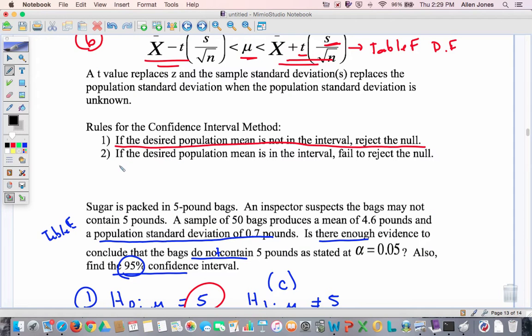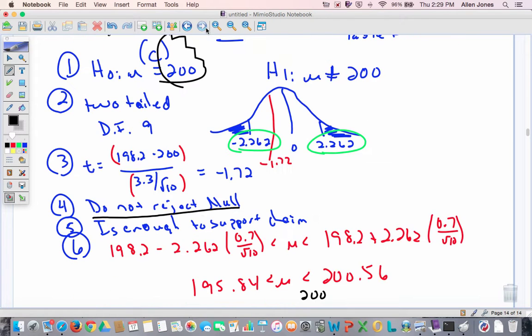So that tells us that we should not reject the null. I'm going to go back a page. If the desired population mean is in the interval, do not reject the null, which is what we did here. So I mentioned step number 6 serves as a check-off procedure to make sure our 5 steps were correct and we didn't make a mistake in the calculation or critical value stage of that. And there is the end of Chapter 8.